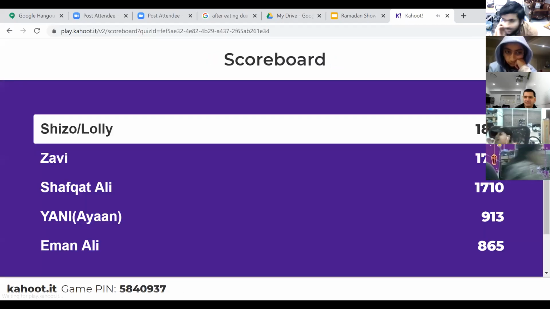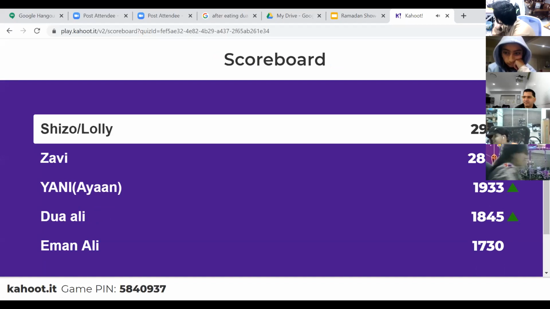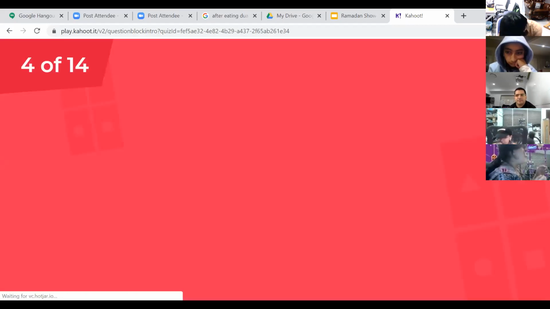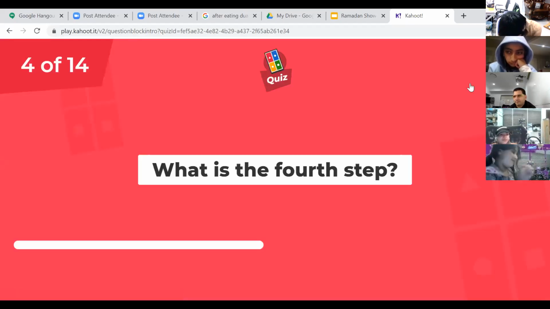Okay, so let's look at your board. Shazin still is first, followed by Zavi second. Ayan comes up to third. Dua comes up to fourth, with Iman fifth, respectively. So fourth question, what is the fourth step?